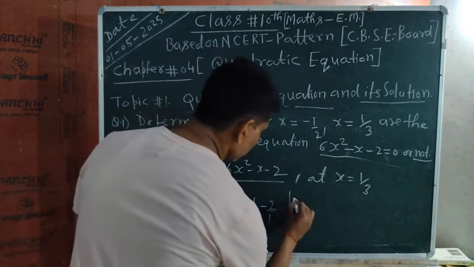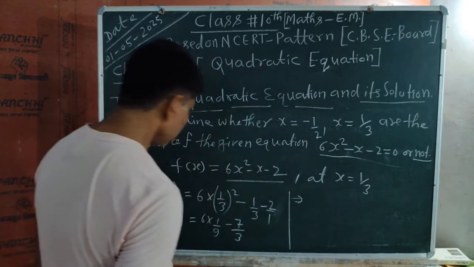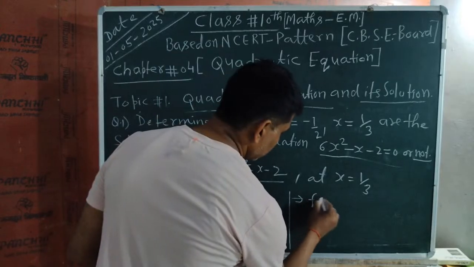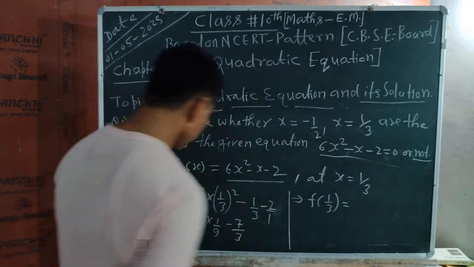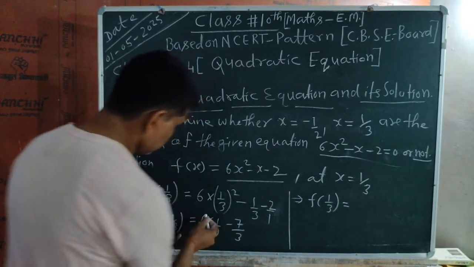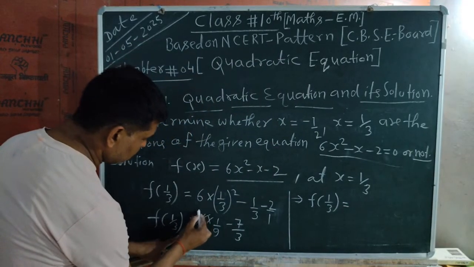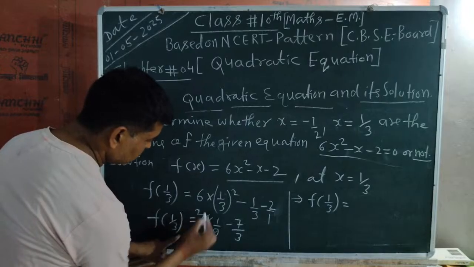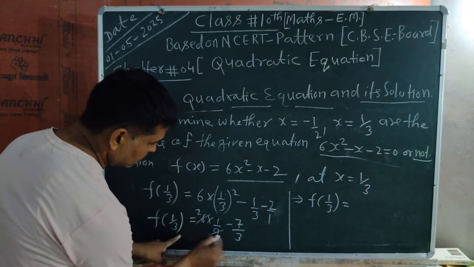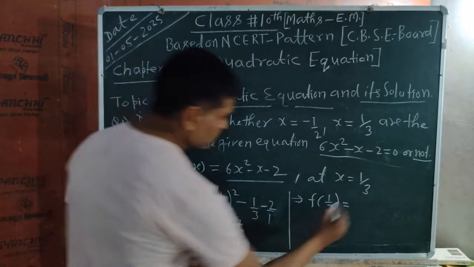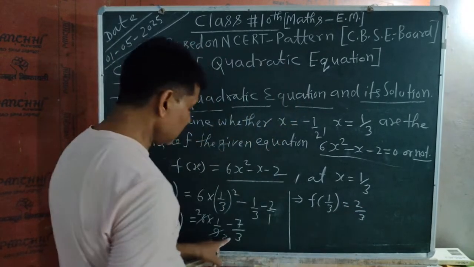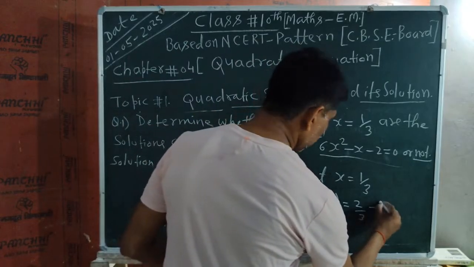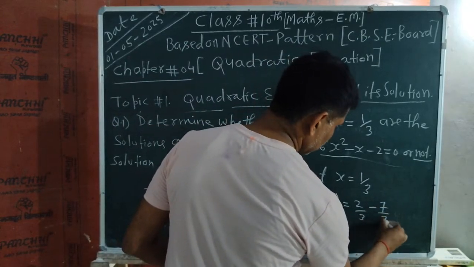Now again I am going to simplify it. On the left hand side I have to write f of 1 by 3, which is equal to... Here I will simplify 3 to the 6 and 3 3 the 9. So here I will write 2 divided by 3, and here I will say 7 divided by 3.